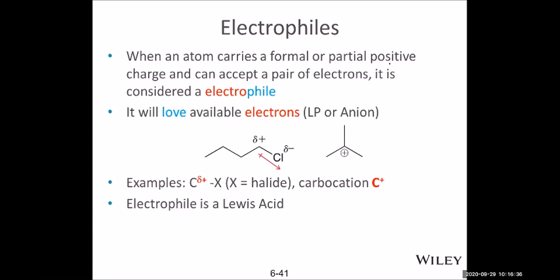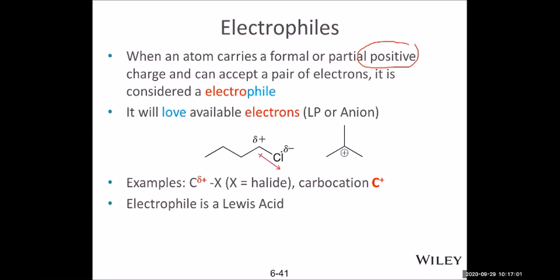That means the particles or atoms carry a formal or partial positive charge and can attract a pair of electrons; these we call electrophiles. So electrophiles are typically either partially positively charged or fully positively charged.